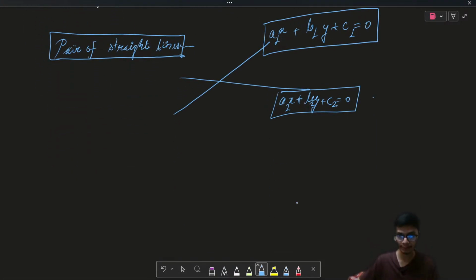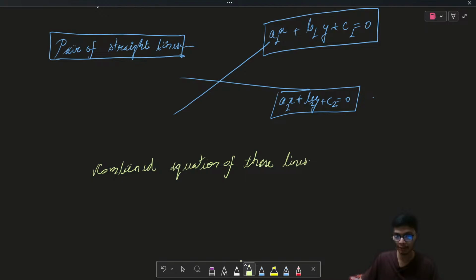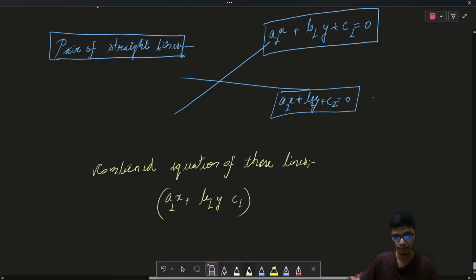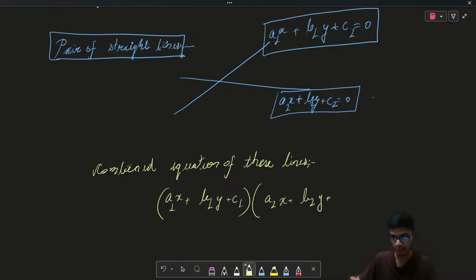If I want to write the combined equation of these lines, I can do it by simply taking the product of these two line equations, and that will be something as follows, which is equal to 0.